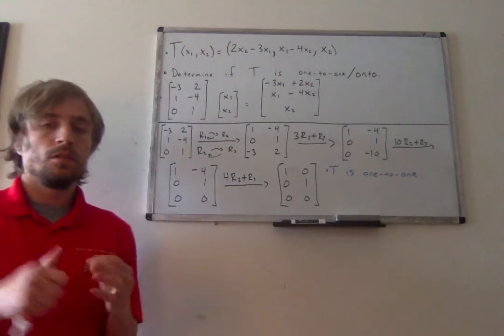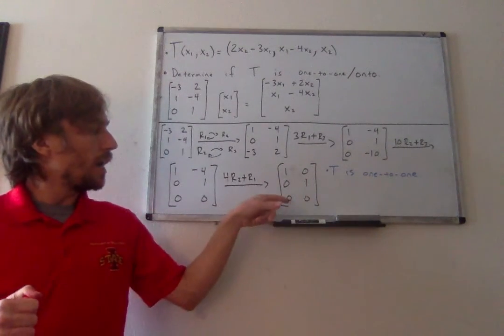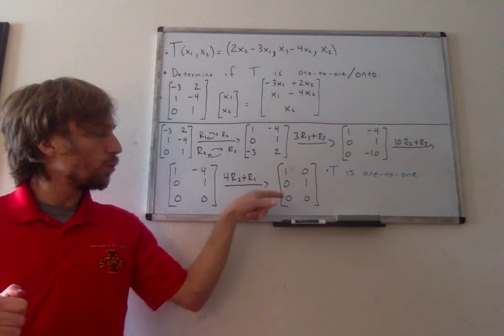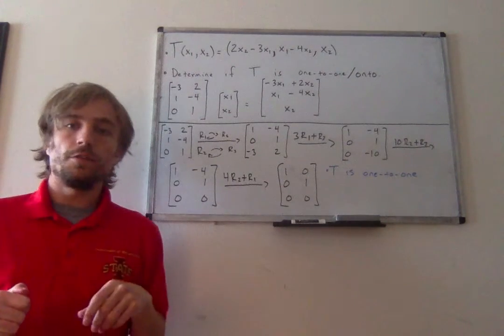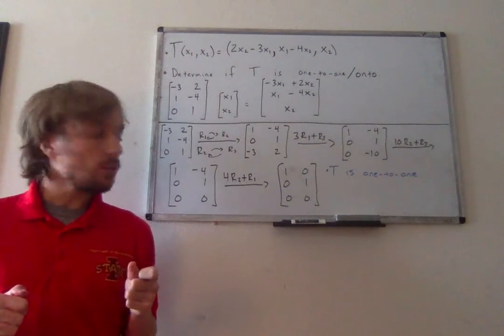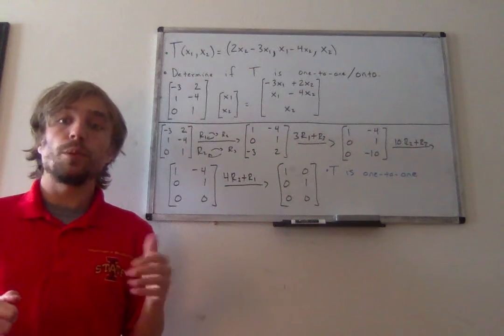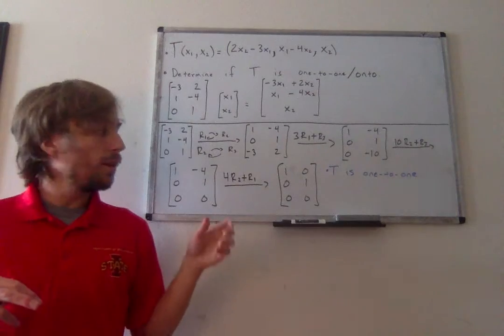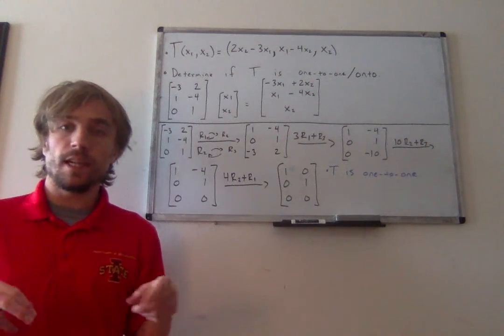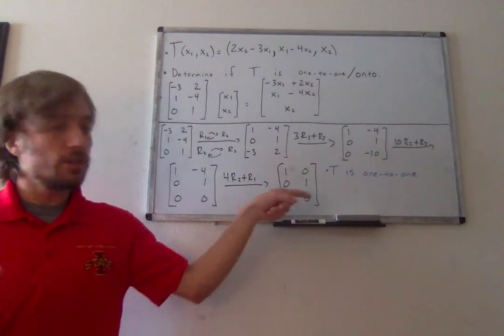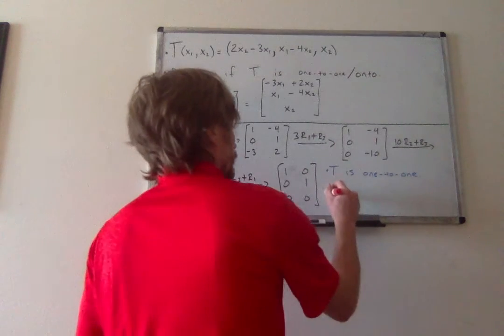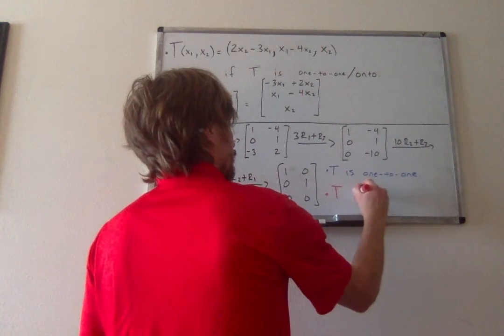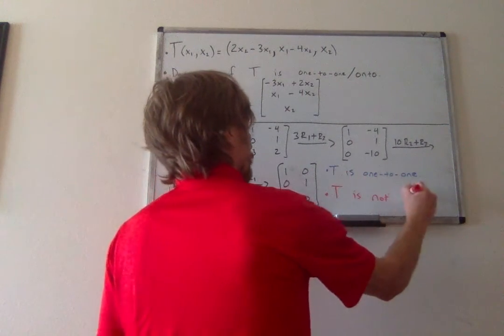However, notice I do have this third row of all zeros. And remember, how do we determine if a linear transformation is onto? Every row should also contain a pivot. Since the third row does not contain a pivot, T is not onto.